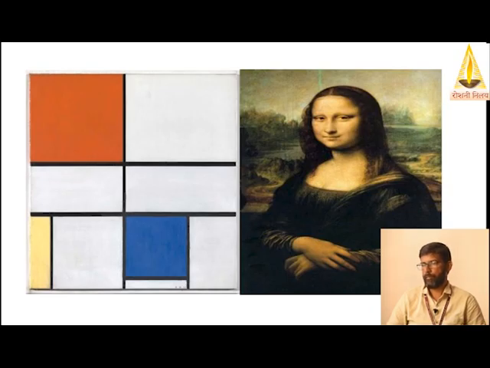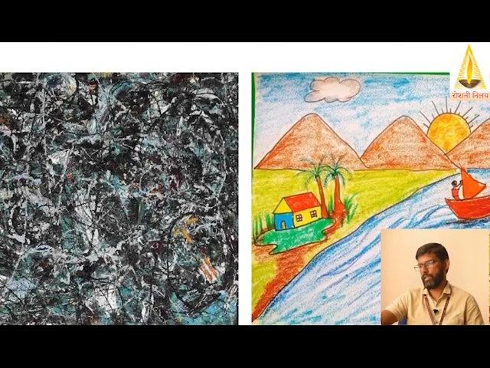Now, in the suprematist painting, you see only the use of boxes and cubes, which was also called cubism, where it does not make any sense to the naked eye, but you have to be thorough to understand the meaning that the artist is trying to give. Coming back to the other painting, on the left hand side you have a drip painting where you absolutely don't seem to get any meaning, whereas on the right you have a traditional painting with perfect finish.